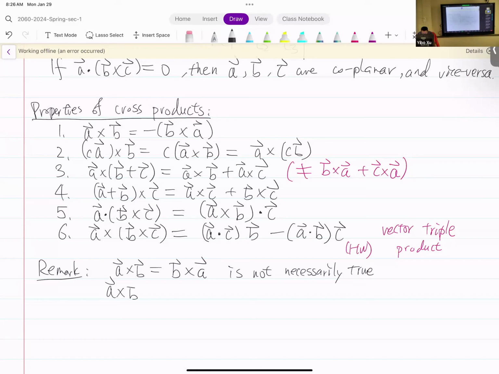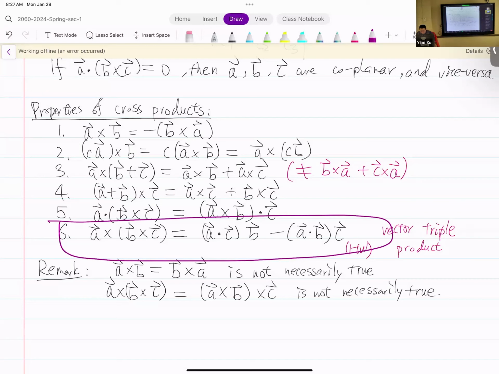If you look at the formula below, A cross the cross product of B and C is not necessarily the same as A cross B, then cross C. Because if you think about it, from the equation above, we see this vector is in terms of B and C, so it lies within the plane of B and C. And you can expect that this other product will lie within the plane constructed from A and B, so that's essentially not the same as this one.